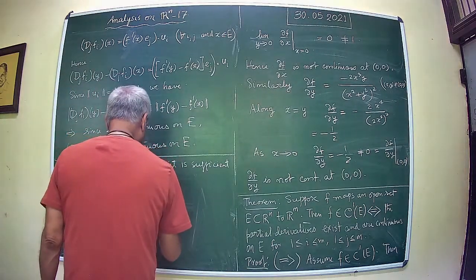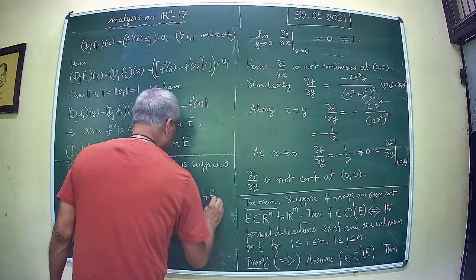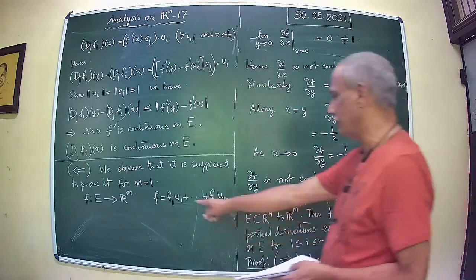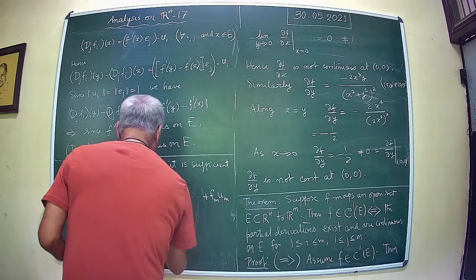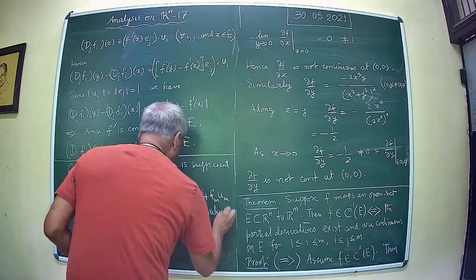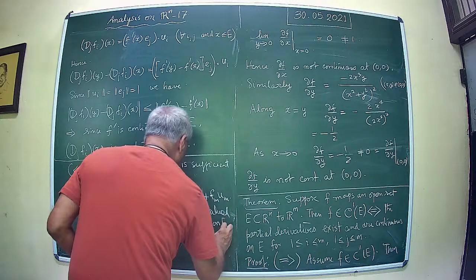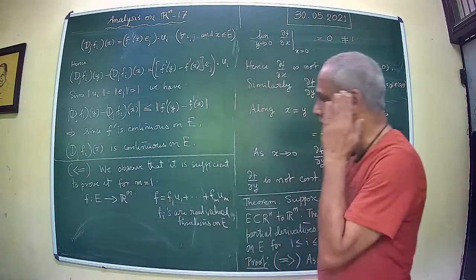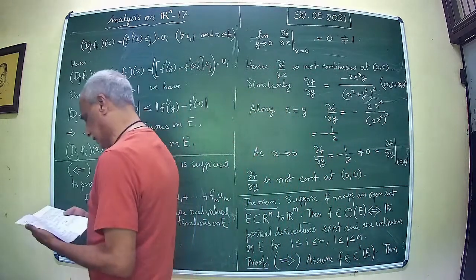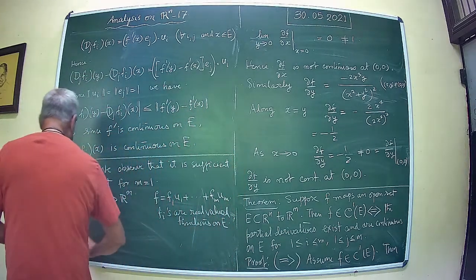Therefore, f has components f1 up to fn. These are all real valued functions. So if we can prove the result for each one of these f_i's, then you can combine that and get the result. For example, this is what you want to do.